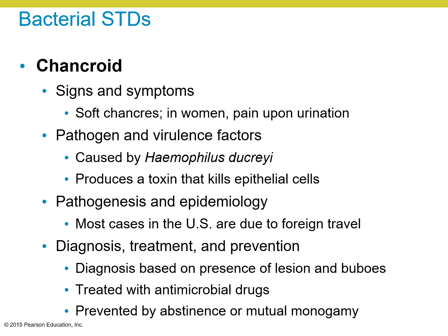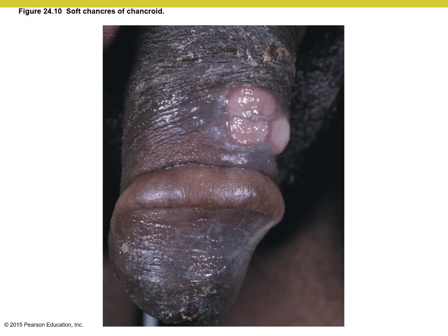Okay, pathogenesis and epidemiology. Most of the cases in the United States are due to traveling. So it's considered one of the STDs, traveling diseases. Diagnosis is based on the presence of the lesion and the buboes that it forms, and it is treated with various antibiotic drugs, and prevention is abstinence or mutual monogamy.